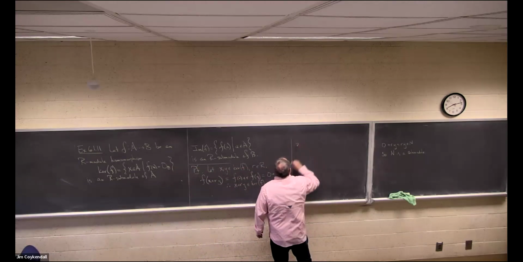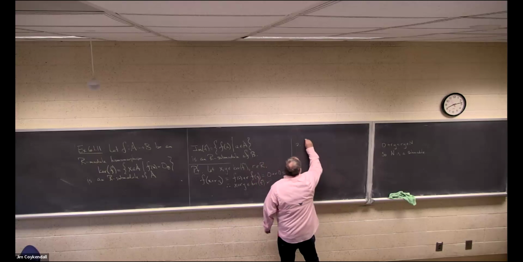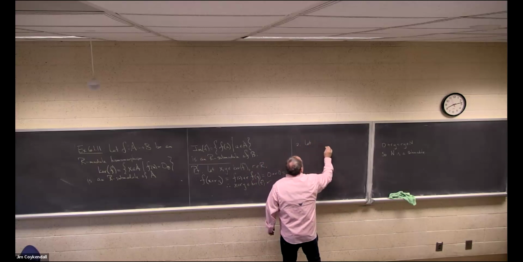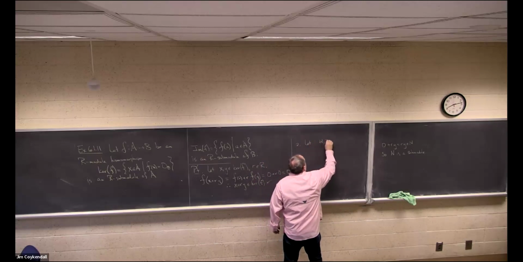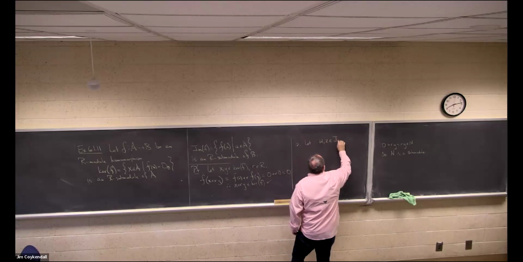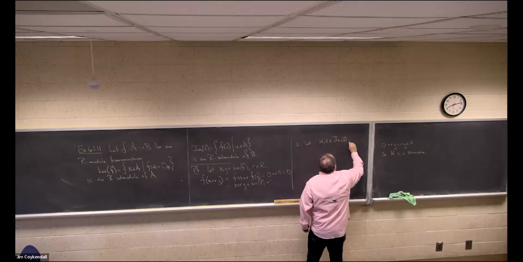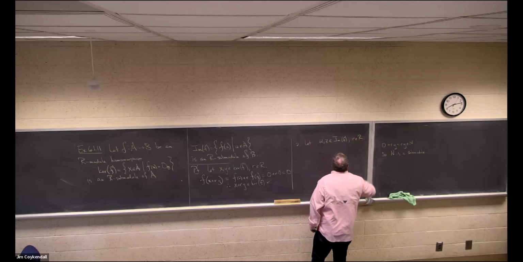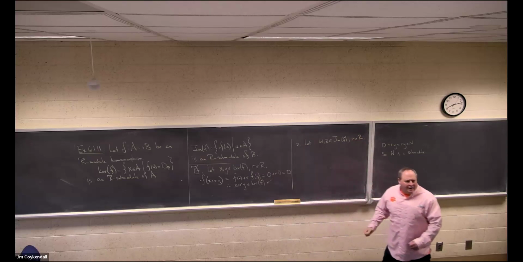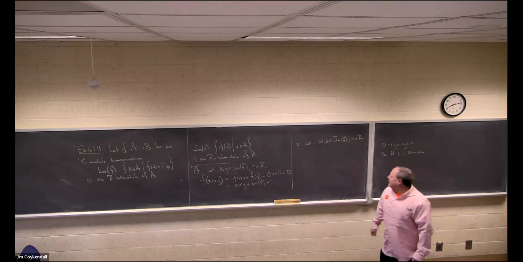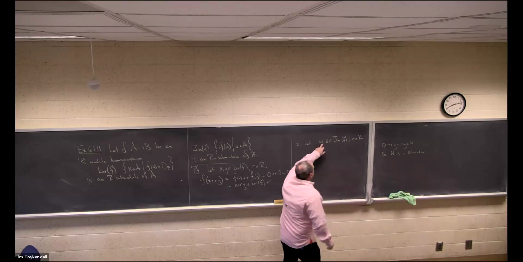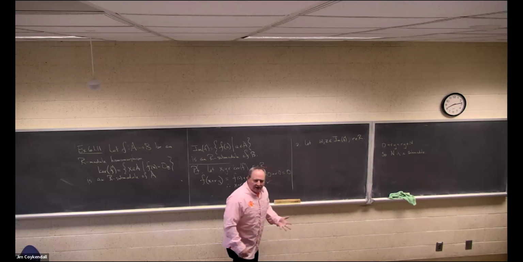For number 2, for the image, let's say w, z be in the image of f and r in R. Now let's dissect what this means. What does it mean for w and z to be in the image of f?